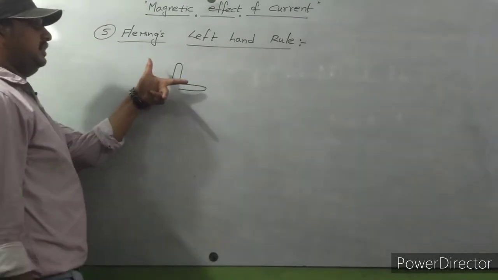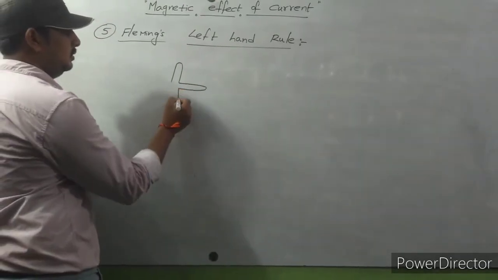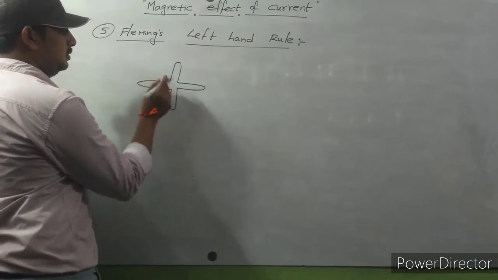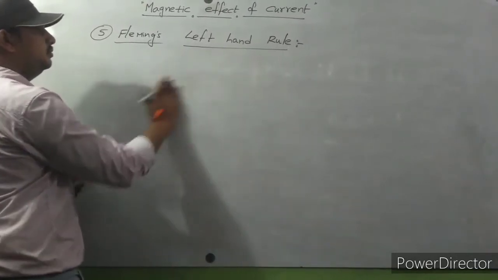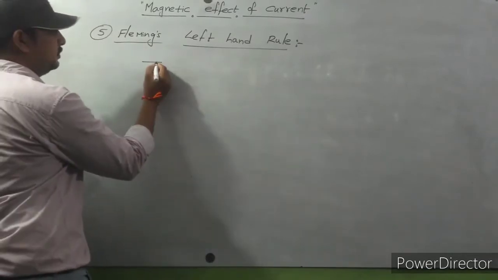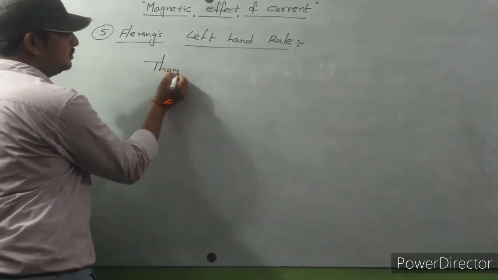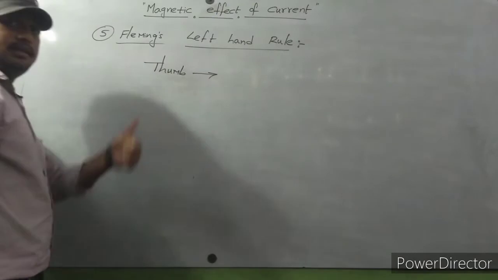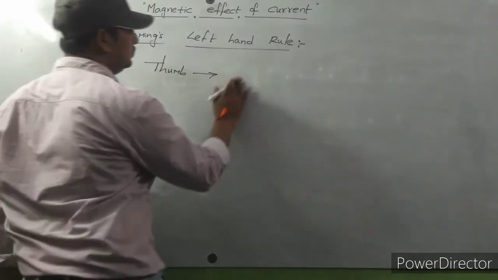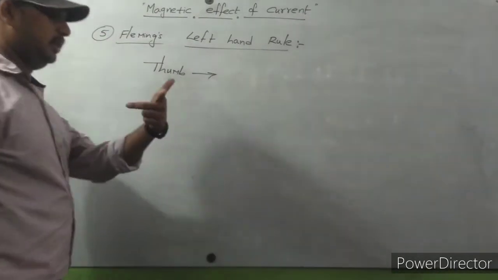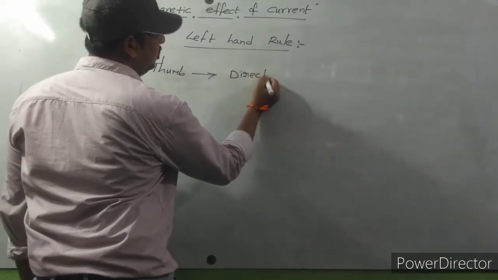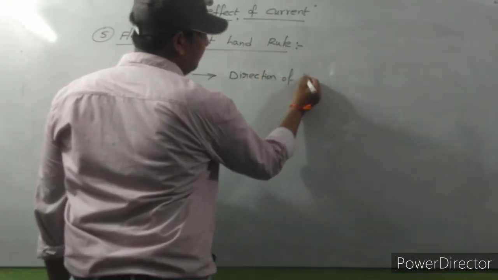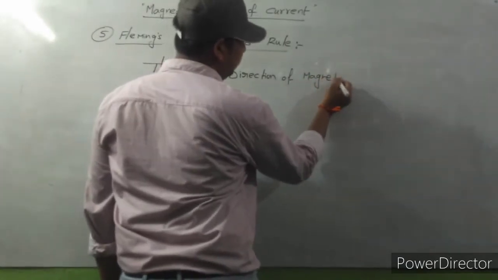So we are placing fingers like this. First I will write: thumb indicates direction of force, direction of magnetic force.